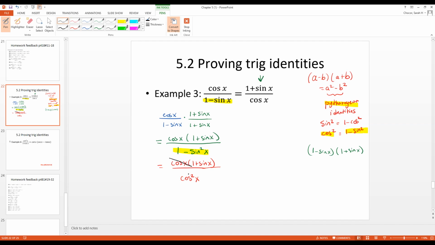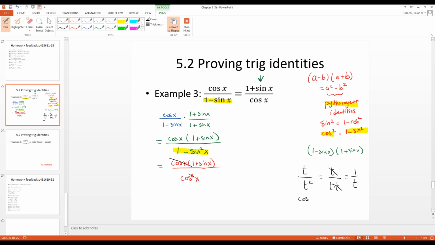The cosine cancels, the square goes away. Some of you were wondering how we could do that. You can go back to the rule that when we divide, we subtract exponents. If you also like to show the work, t divided by t squared, write t over t times t, and you can see how this cancels out.